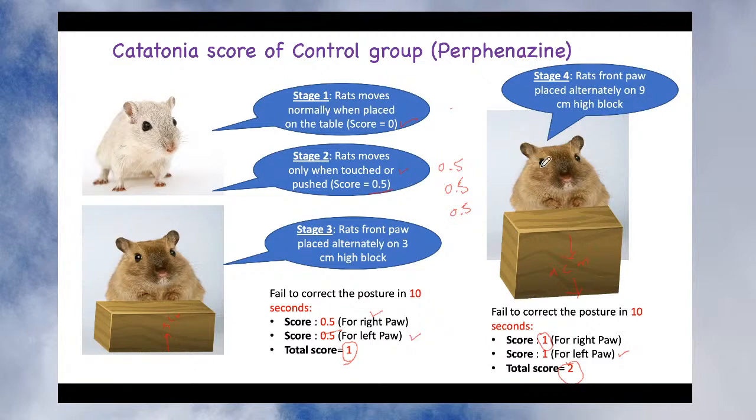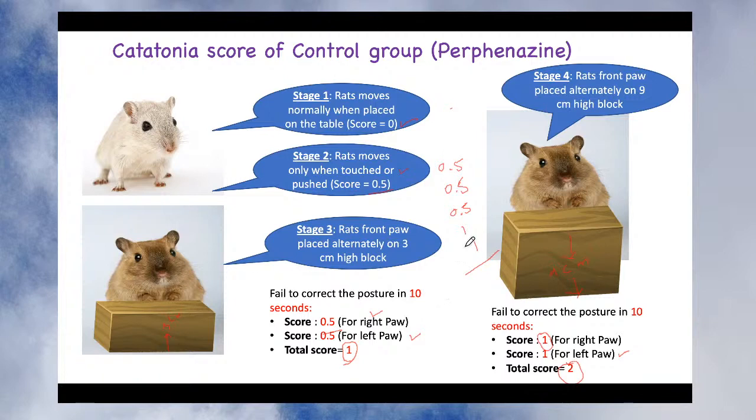Now in stage 4, you have increased the height of the wooden block, okay, and the animal is unable to correct the posture with both paws. Then what total score will you give? For the left paw you give 1 and for the right paw again you give 1. So what could be the maximum score if there is very severe catatonia?